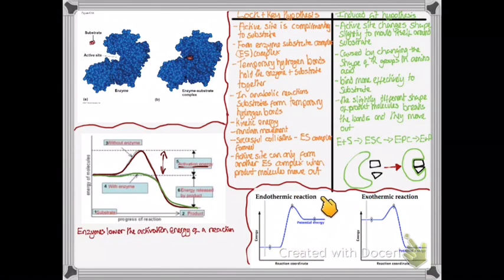Something like that is ATP. So ADP plus P forms ATP. I believe that's an endothermic reaction because we're building it up. It's an anabolic reaction, and most anabolic reactions are endothermic.